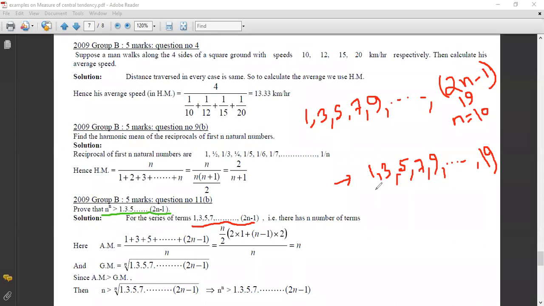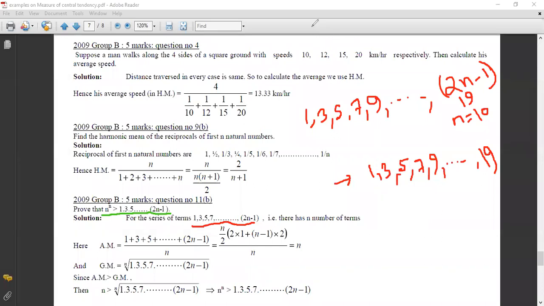কতগুলো সংখ্যা আছে এখানে? 1, 3, 5, 7, 9 up to 19. How many numbers are there? Right, 10 numbers are there. That is the most important.